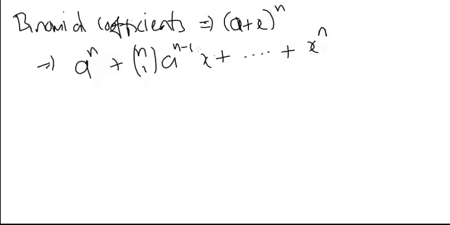So you have n choose 1 a to the n minus 1 x plus, let me do one more example so you can see the pattern, n choose 2 a to the n minus 2 x squared plus dot dot dot plus. So each time you go n choose 1, n choose 2, n choose 3 as the coefficient, you're lowering the power of a and increasing the power of x.